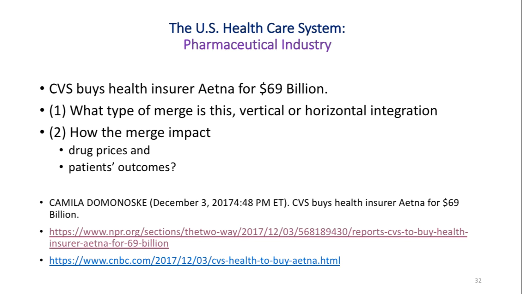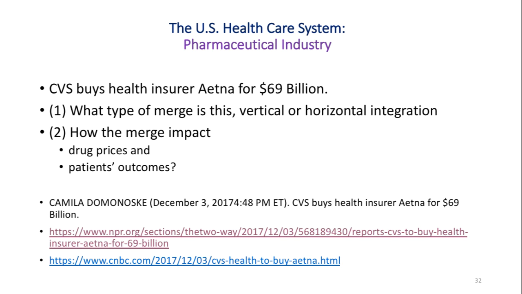For example, Aetna might be able to negotiate lower drug prices from manufacturers by virtue of their sheer size. So this may increase the opportunity of decreasing the price of drugs and even improving patient outcomes.